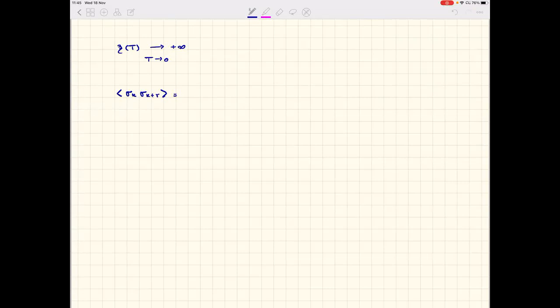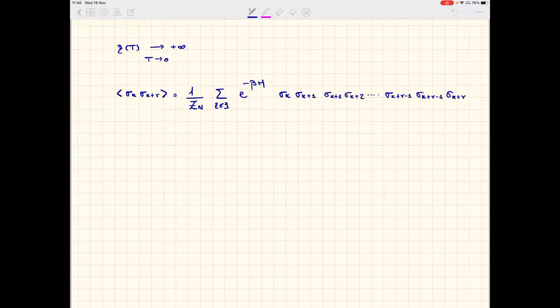Well, what we have to notice is that this is equal to 1 over Z_n, sum over all configurations of sigma, e to the minus beta H, and then I can rewrite sigma k sigma k plus R as sigma k sigma k plus 1, sigma k plus 1 sigma k plus 2, etc., etc. Sigma k plus r minus 2 sigma k plus r minus 1, sigma k plus r minus 1 sigma k plus r.